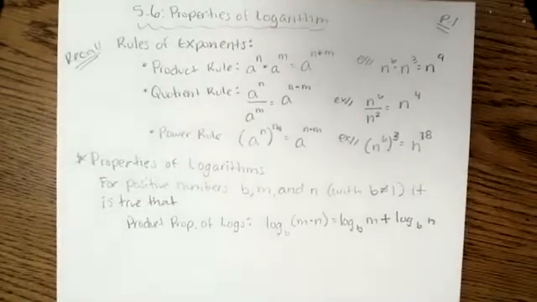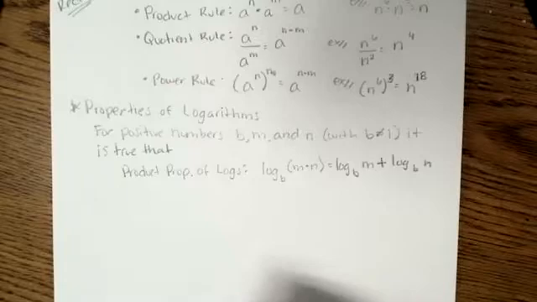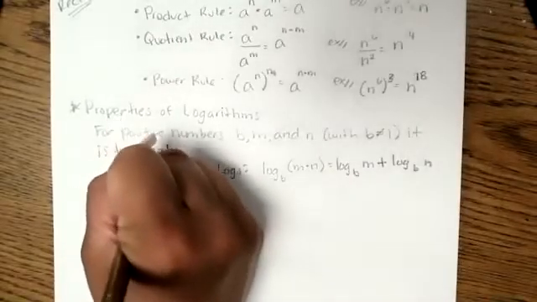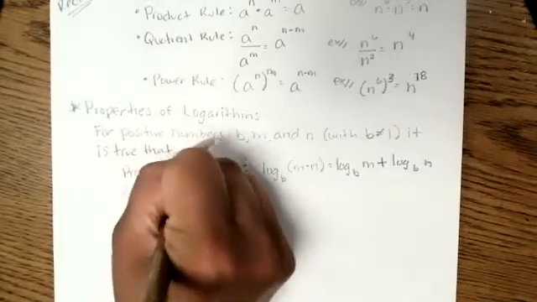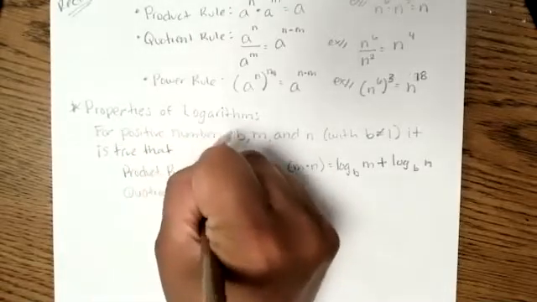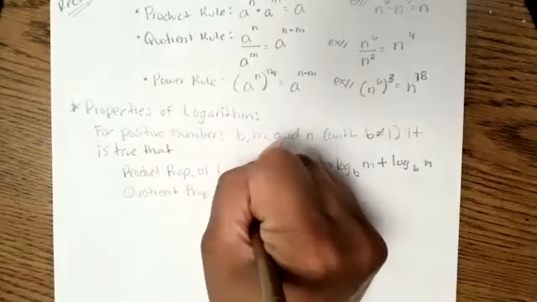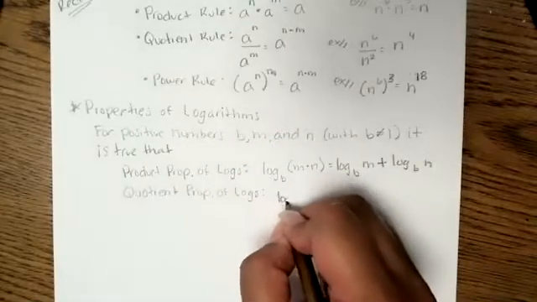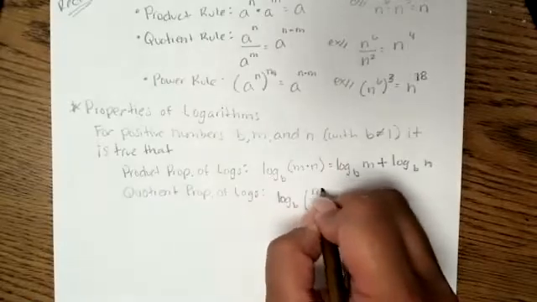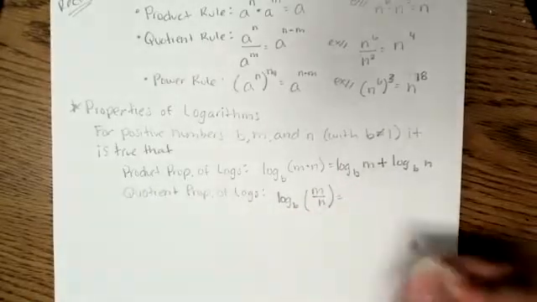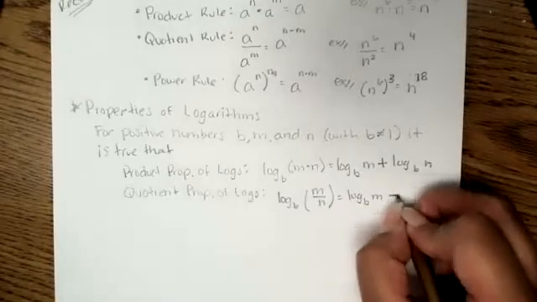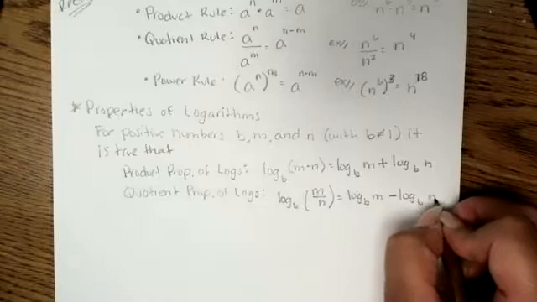So if this is the product property of log, I'm now going to do the quotient property of log. And that states if you have log base b of m divided by n, then that is log base b of m subtract log base b of n.